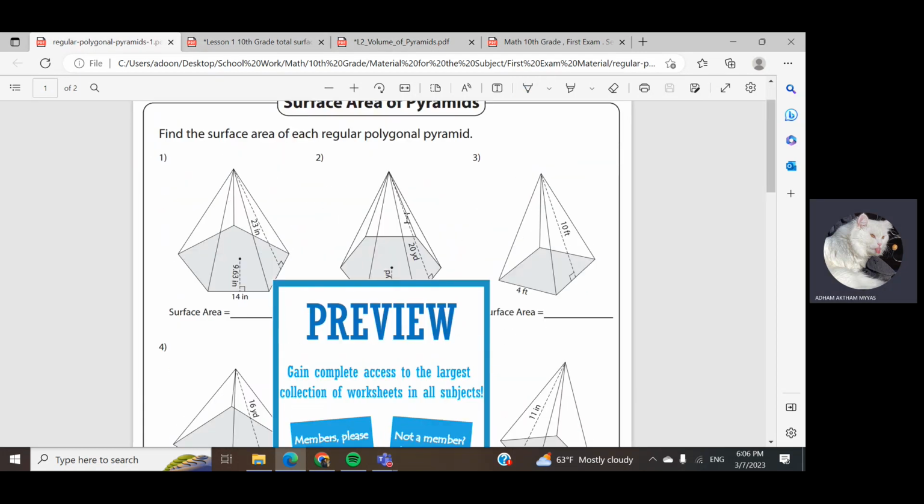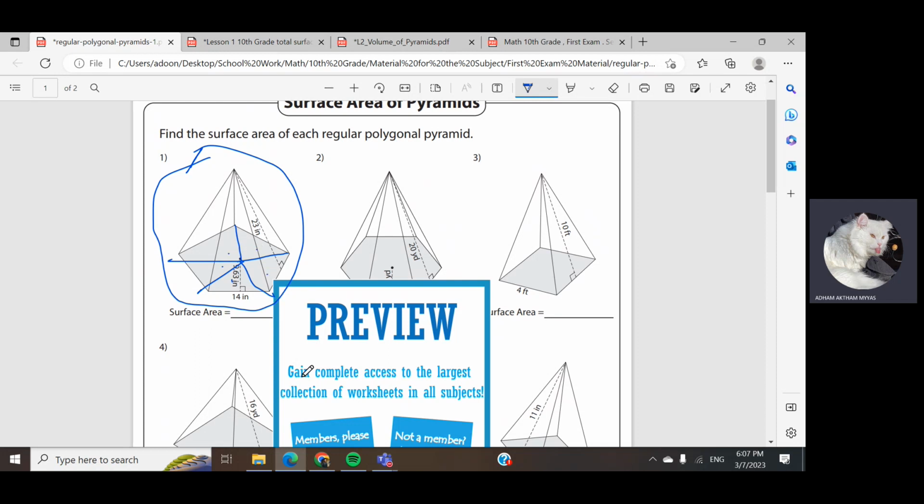I will solve at the end of this lesson something very important, this pyramid. First, we have to name it. What is it? Pentagonal pyramid. Yes, yes, teacher Adham. Continue. First thing I should know is that I have to calculate the base area. Here, for the base area, I should divide it into 5 parts, sorry for the bad drawing. So it's 1, 2, 3, 4, 5 triangles.